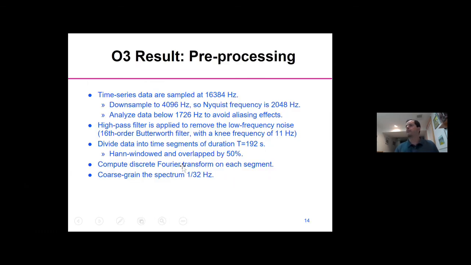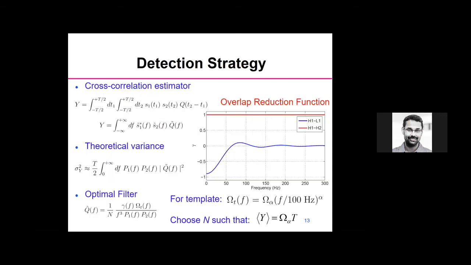Okay, so for O3, can I ask a simple question? So how do we understand this overlap reduction function going to zero? Is it because, for example, sine waves of those frequencies would sort of cancel out because of different directions? Yep, that's exactly it.